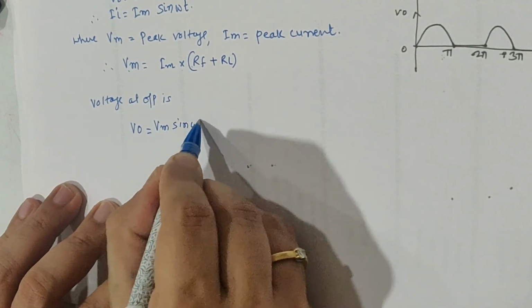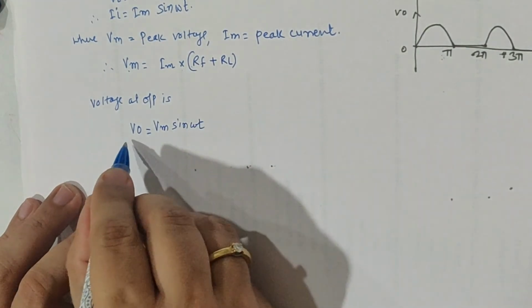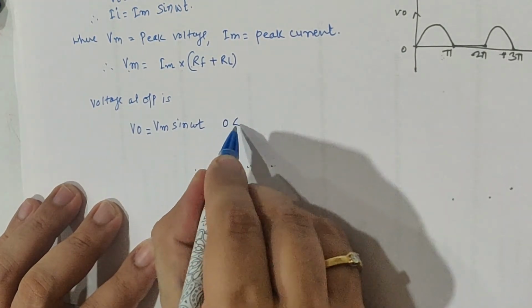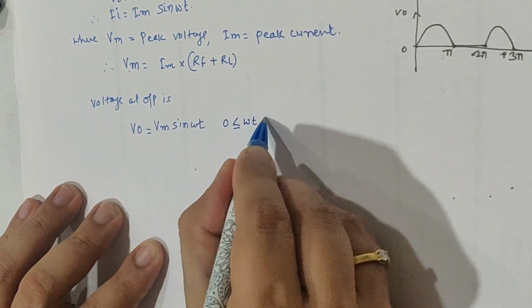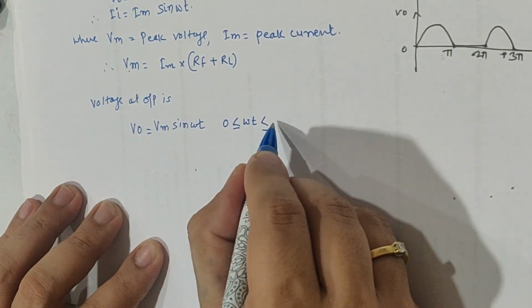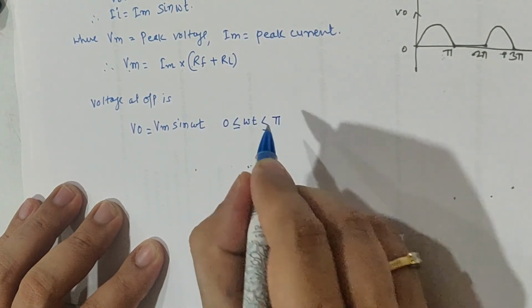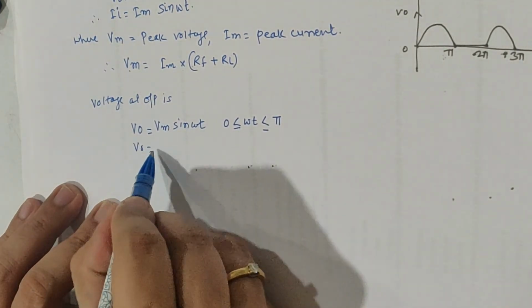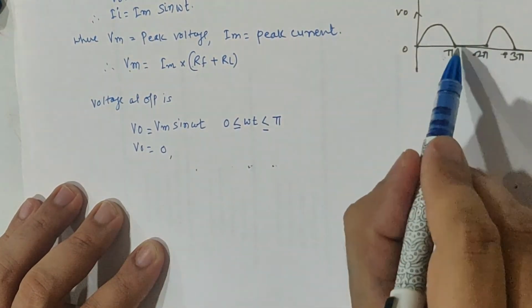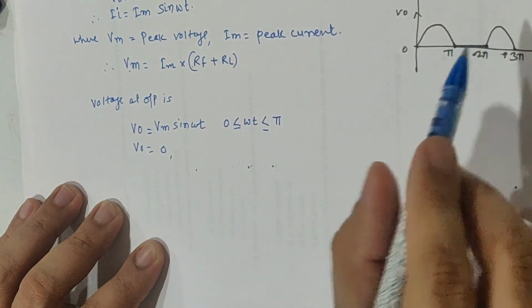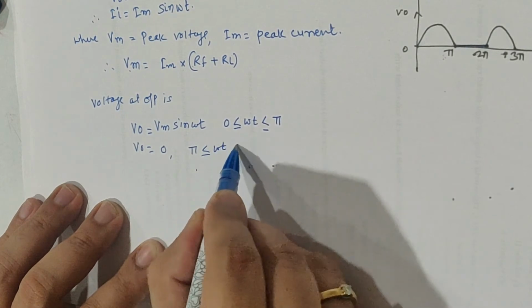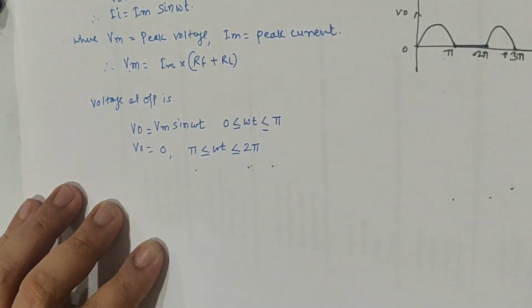So V0 is equal to Vm sin omega t. But for what period is V0 equal to Vm sin omega t? It is for 0 less than or equal to omega t less than or equal to pi. And V0 is equal to 0 for pi less than or equal to omega t less than or equal to 2 pi.